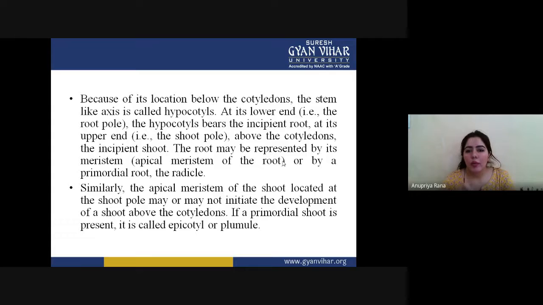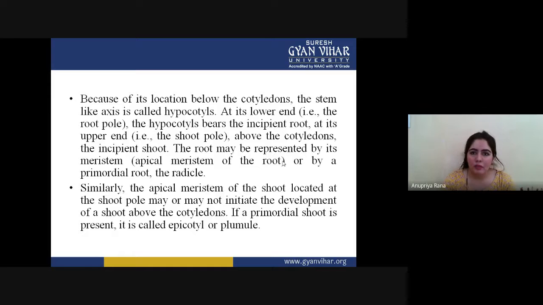So at its lower end, the root pole, the hypocotyl bears the incipient root. Why is it present at that place, or what is its main function? Majorly, its function is to make the incipient root.